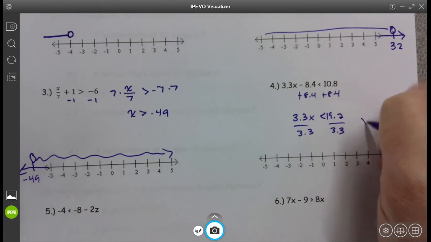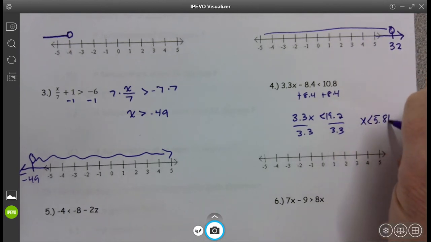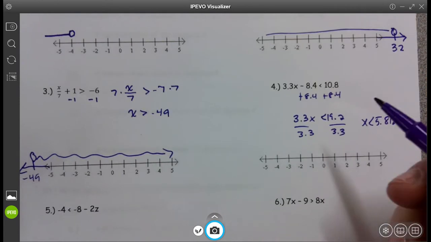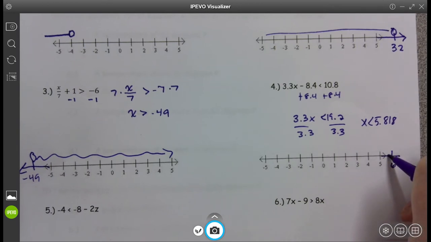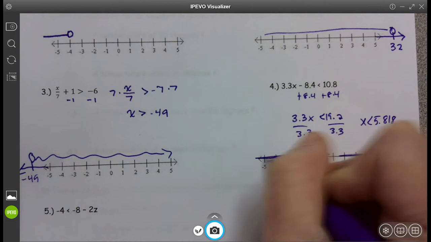You get 5.818 and so on and so forth. So let's just get really close to 6 and put an open circle and shade.